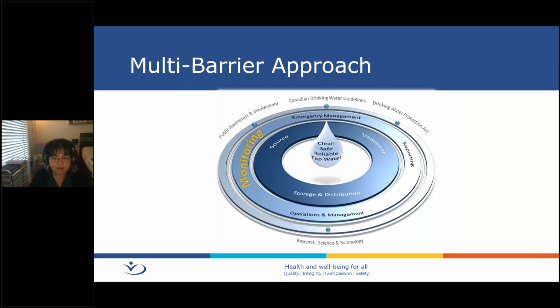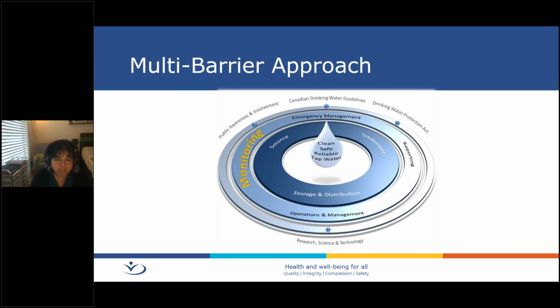So it is an approach that utilizes an integrated system of procedures, processes, and tools to reduce the risk to public health. Because there's no single process or tool that can guarantee clean, safe, reliable drinking water, the approach aims to prevent and reduce the contamination of drinking water from source to tap.